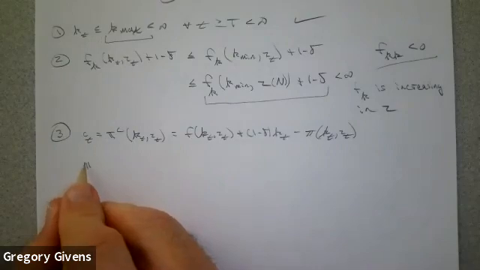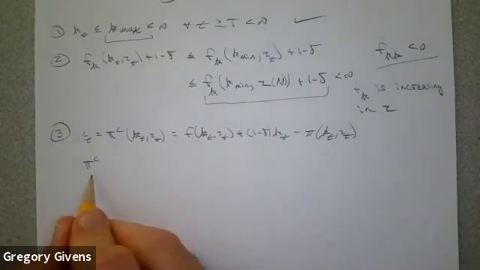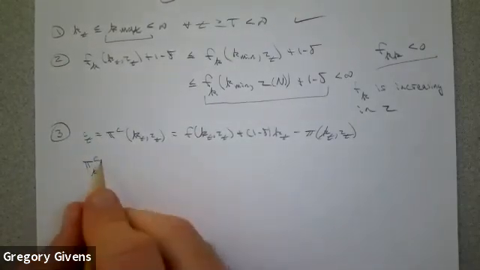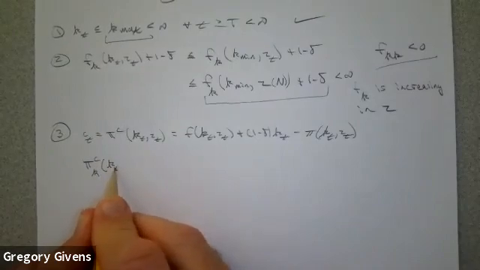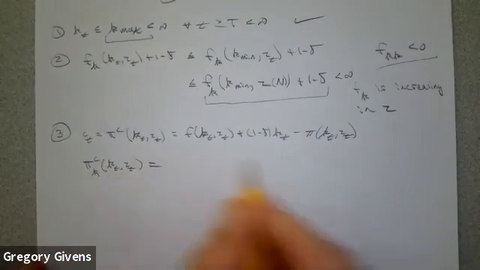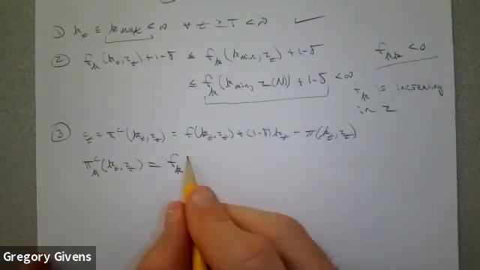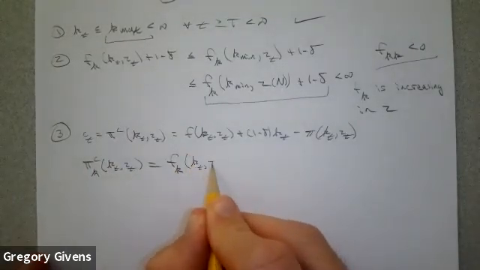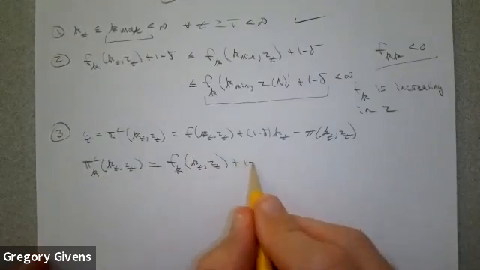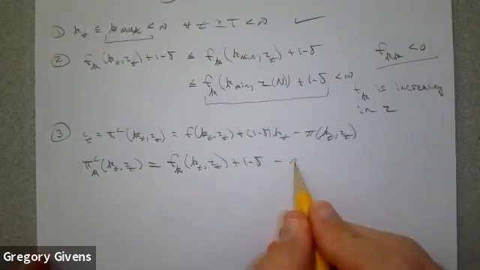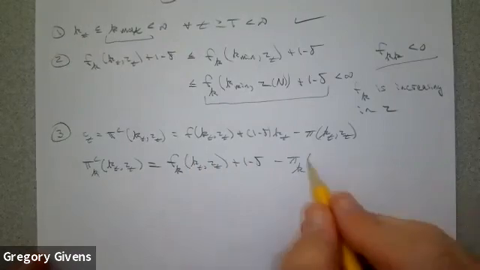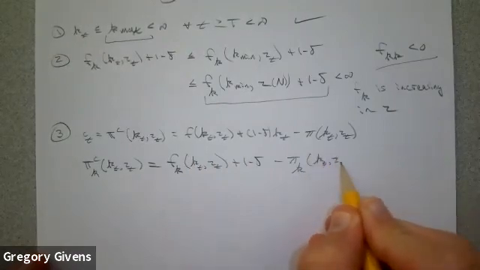In other words, what is the derivative of the optimal value of consumption with respect to the state k_t? Well, that's going to be equal to the marginal product of capital plus 1 minus delta minus pi_k of k_t, z_t.